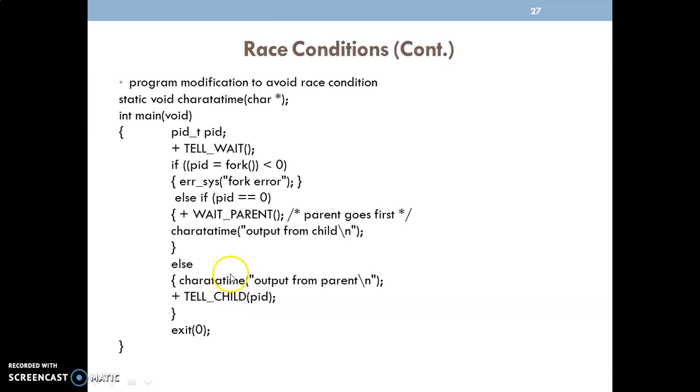That is, in this case we use TELL_PARENT, and above this statement I need to include WAIT_CHILD. That means we allow the child to execute first, then the parent next. So this is the concept of process synchronization.